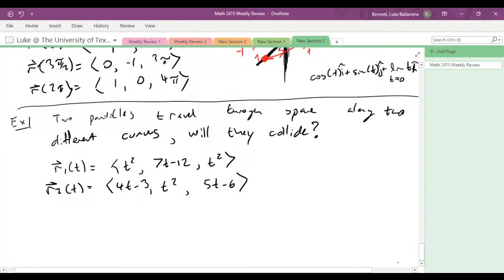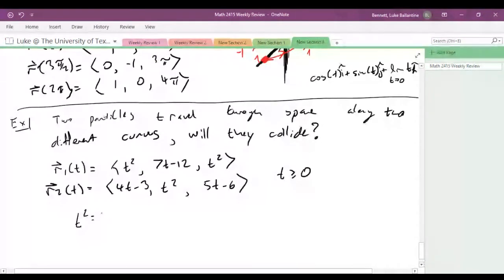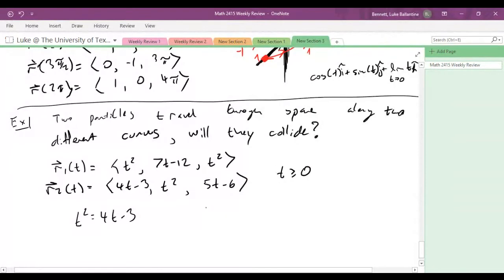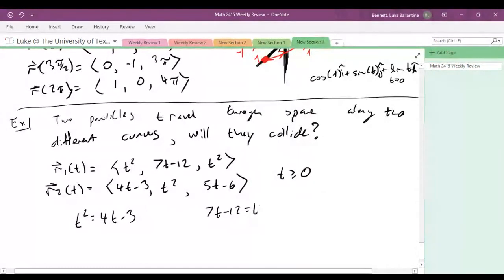If they do collide, at what time? They'll collide if x, y, and z are equal at the same time. So we set x equal to x, y equal to y, z equal to z.